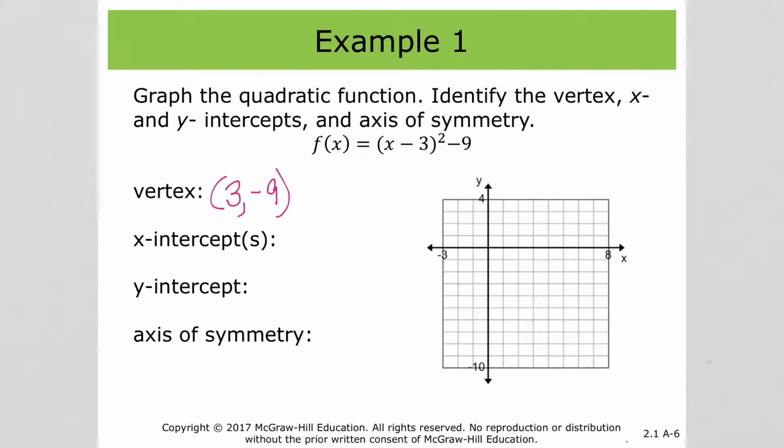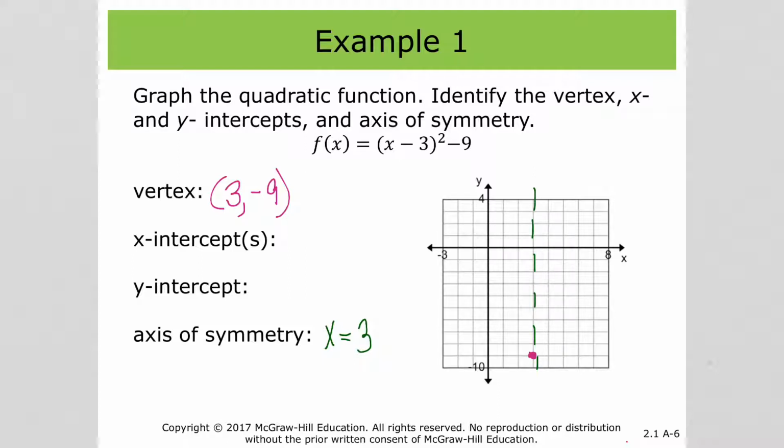So we can graph that, (3, negative 9), right there is our vertex. Okay? Skip down to the axis of symmetry. That'll just be x equals h, which is 3. So the axis of symmetry is this vertical line here. And that's where the parabola can fold across.